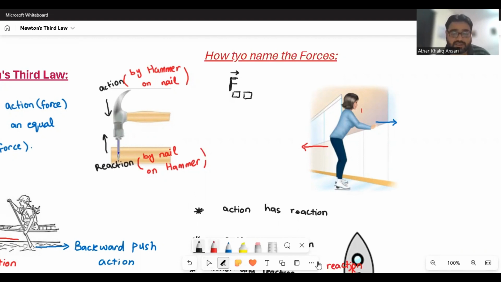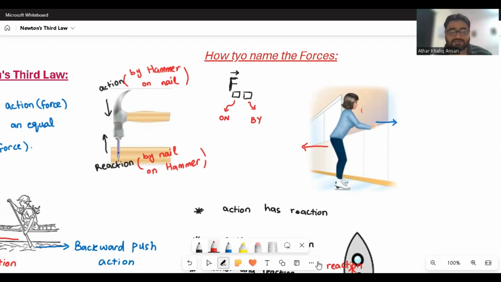For example, the first subscript is the object on which the action is applied, and the second subscript is the object which is actually applying the force of action. In the case of the hammer and the nail, the action was applied by the hammer on the nail.